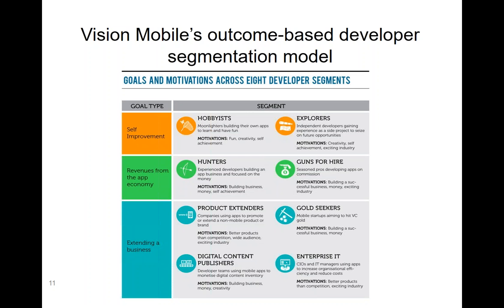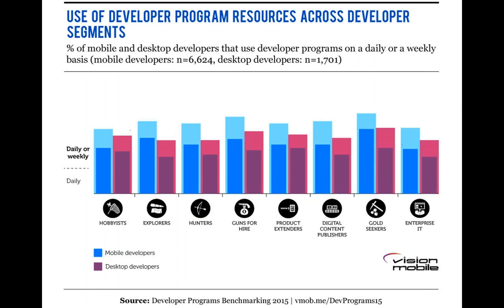So if we look at those segments and how often they use our support programs, again, we've taken the numbers off this for this presentation, but hopefully there's enough information for you to compare there. We split up the mobile developers, which are in blue, and the desktop developers in mauve, or maroon.